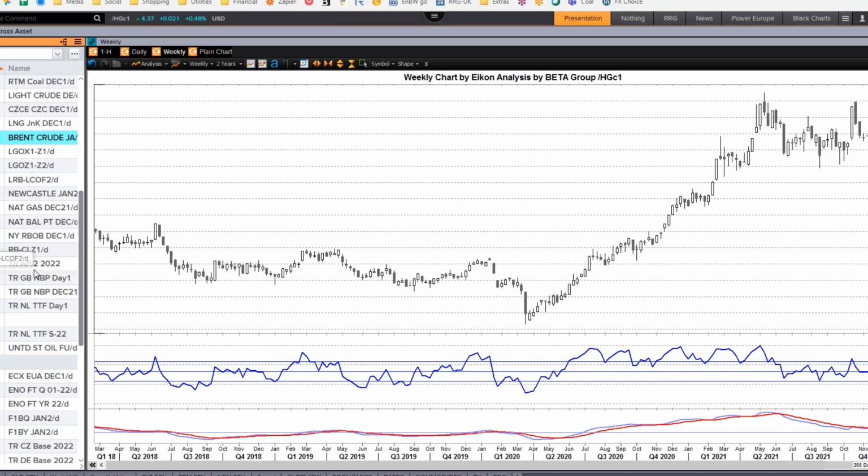Yes, TTF is Dutch gas, and the front month is the most liquid contract for it. It trades from day ahead right out, and the Dutch gas is the biggest market.